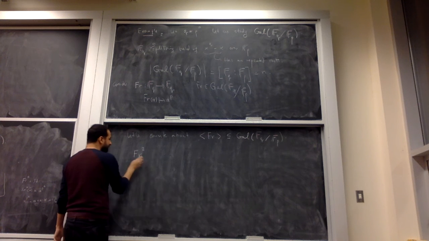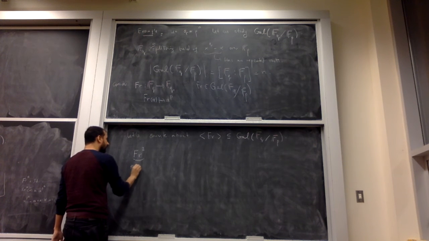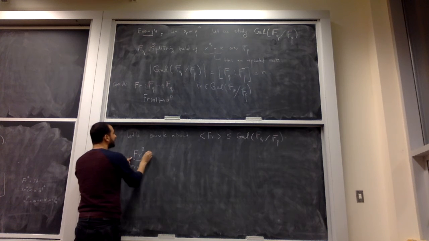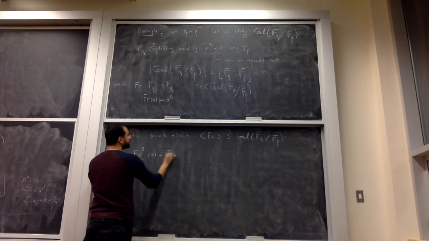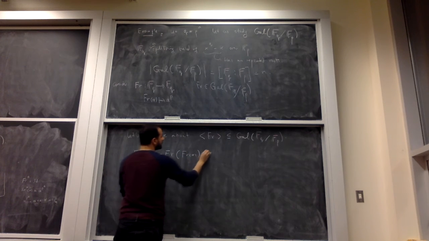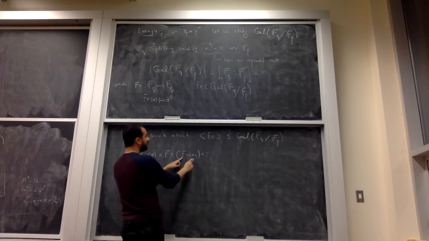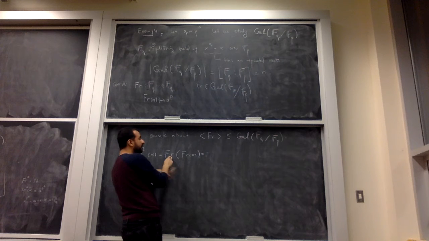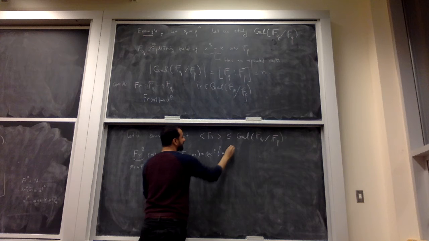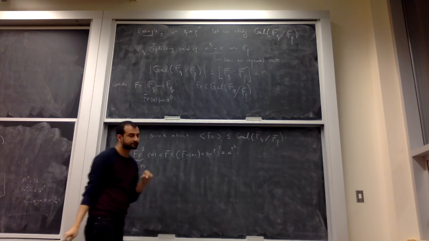So again, this notation means Frobenius composed with Frobenius. Now if I look at Frobenius squared applied to alpha, that's Frobenius applied to Frobenius of alpha. This is alpha to the power of p, and then further to the power of p. It's alpha to the power of p squared.